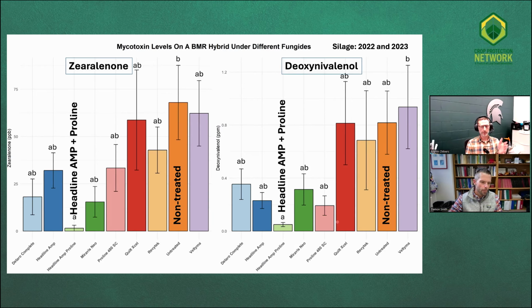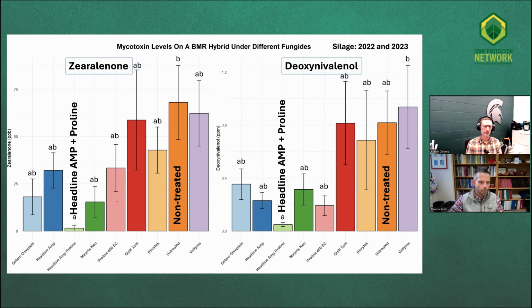So that orange bar is the non-treated check. And we've got zearalenone on that whole left graphic and deoxynivalenol or DON on that right graphic. And so what I think is interesting is that if we look at Proline in that pink or salmon color, we see a little bit of suppression, not statistically different, but perhaps suppression of those mycotoxins.